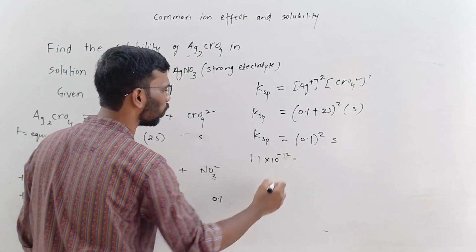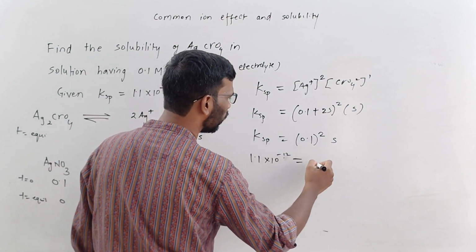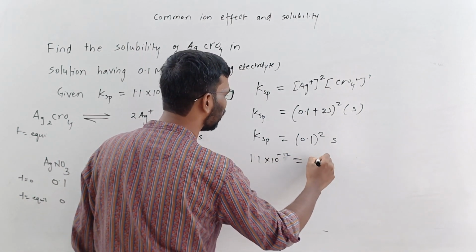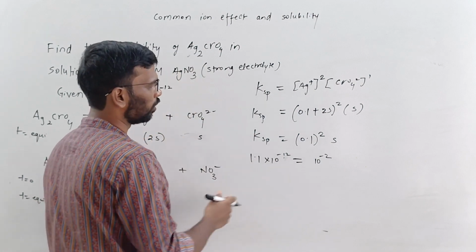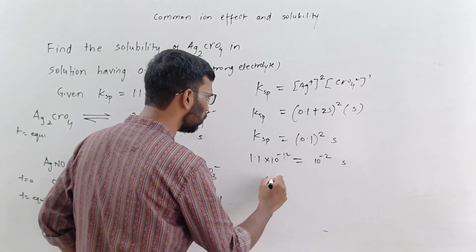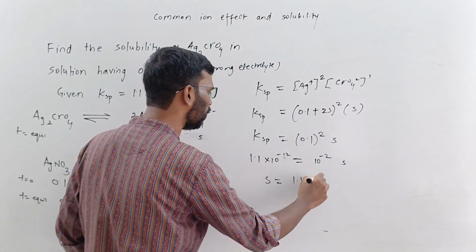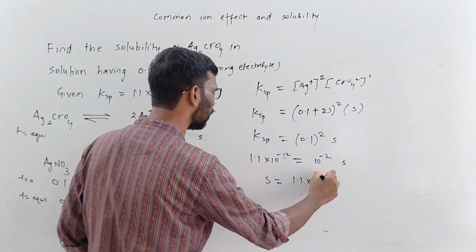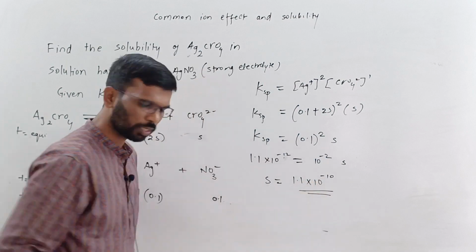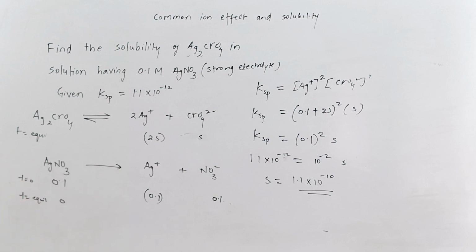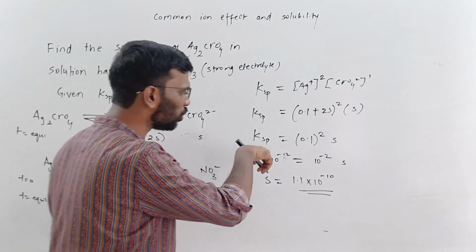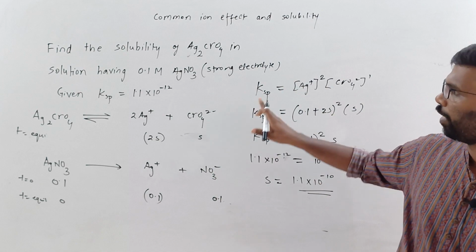And 0.1 squared could be written as 10 raised to minus 2. So what is the solubility? It is 1.1 into 10 raised to minus 10. Yes, the answer will be 1.1 into 10 raised to minus 10. This is the solubility, which will be less than if you do it in water.